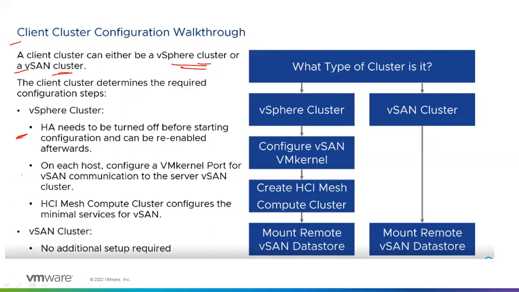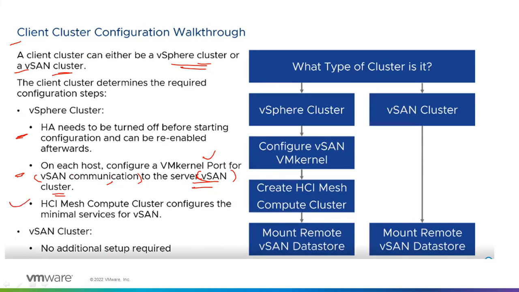For that, on each host, a vSAN VM kernel port is required for vSAN communication to the server vSAN cluster. So this vSAN VM kernel should talk to the vSAN network that you have configured on the server cluster side. Server means who will be serving the vSAN data store.